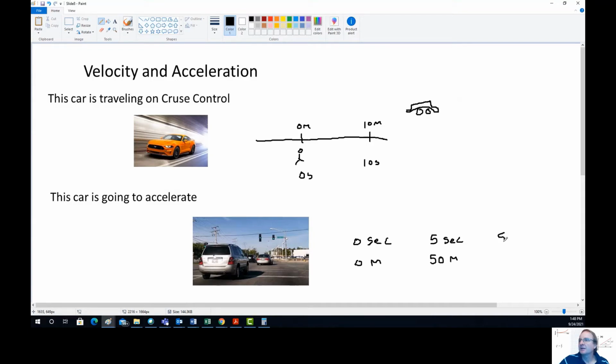And so basically it's going to be 50 meters over 5 seconds. 50 divided by 5 is an acceleration of 10 meters per second. There, I got it. And you get it. I mean, go to a traffic light, be at 0, and accelerate your car away.